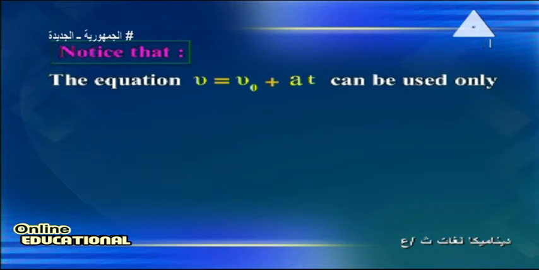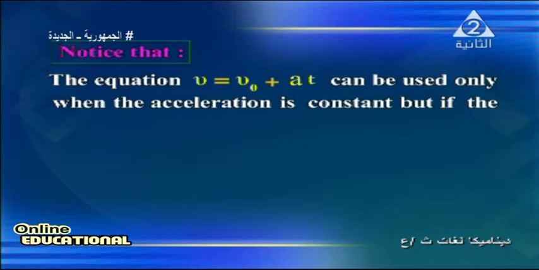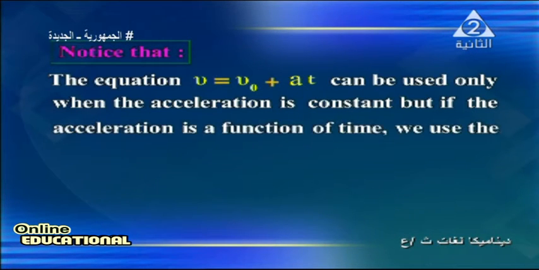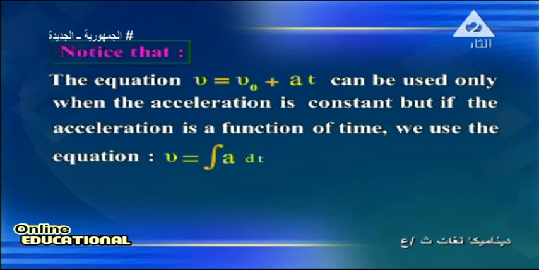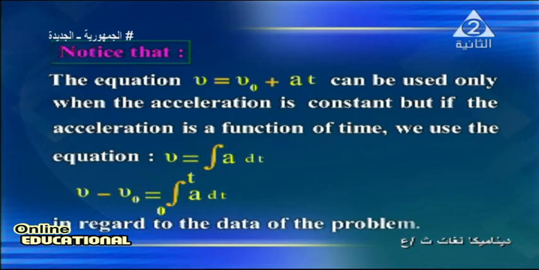And the rule v equals v naught plus at can be used in the examples only when the acceleration is constant. But if the acceleration is a function of time or variable, then the equation v equals integration of a dt, or v minus v naught equals integration of a dt from 0 to t, is used in regard to the data of the problem.